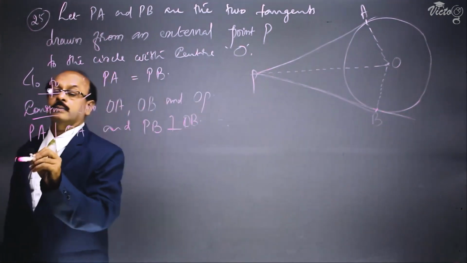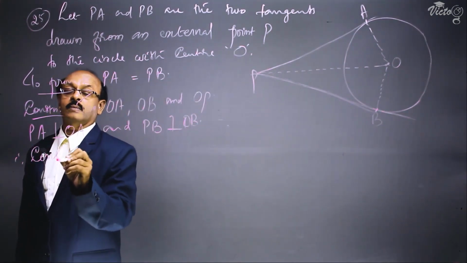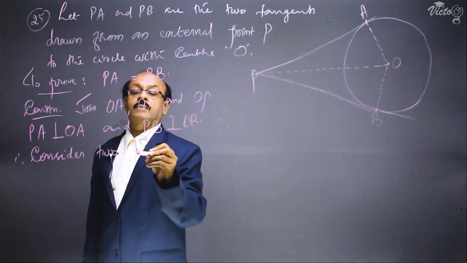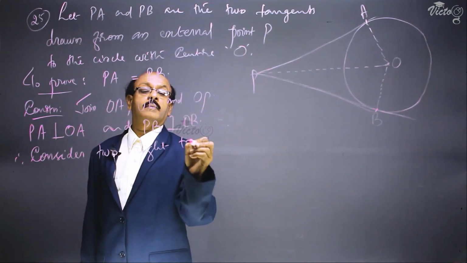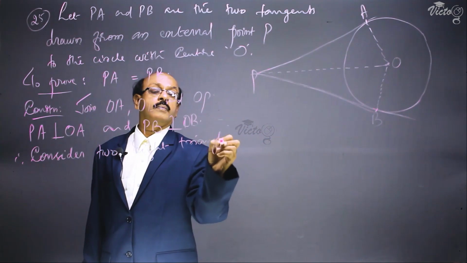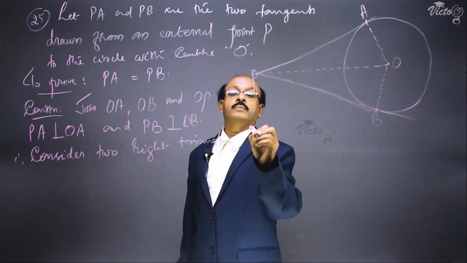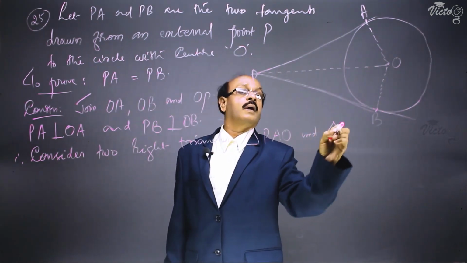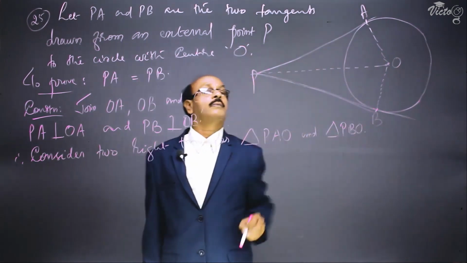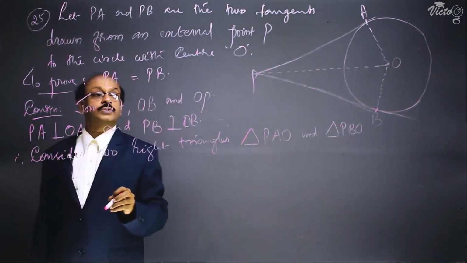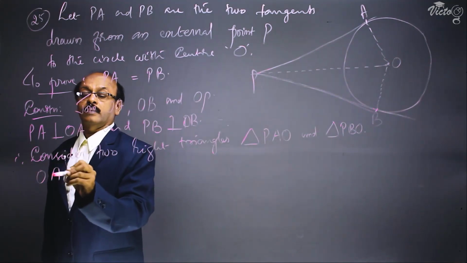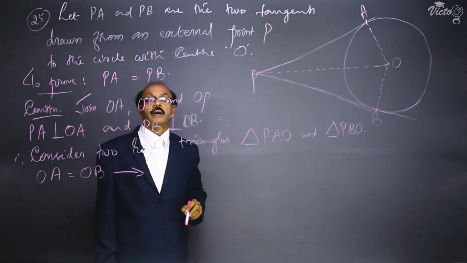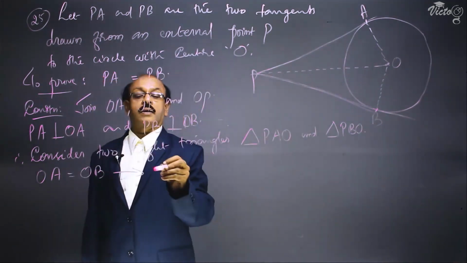Therefore, consider two right triangles, triangle PAO and triangle PBO. OA is equal to OB. The reason is radii of the same circle are equal.